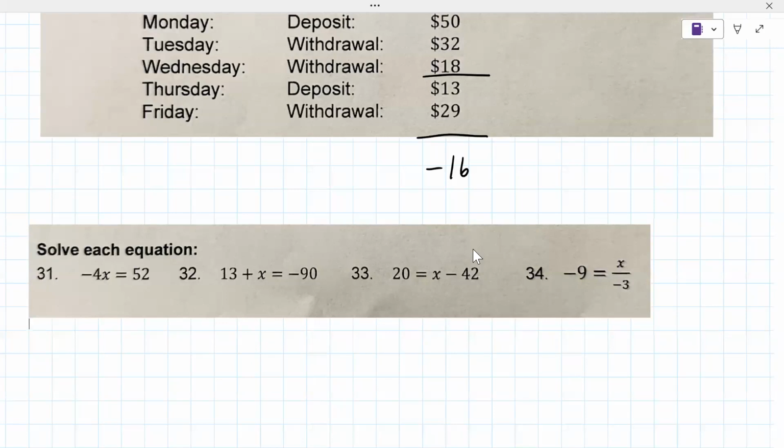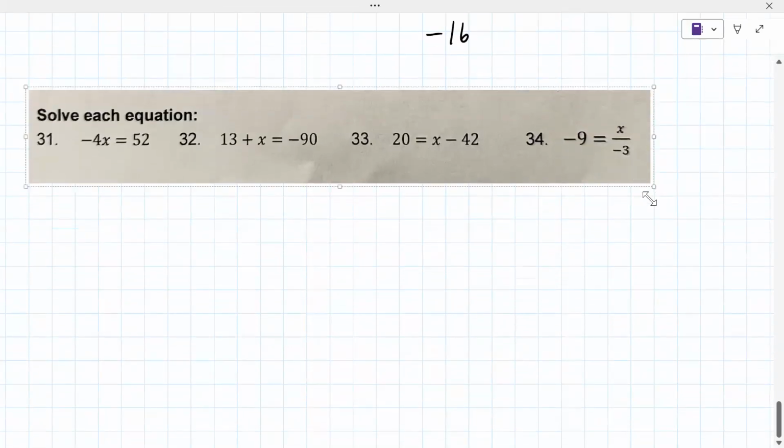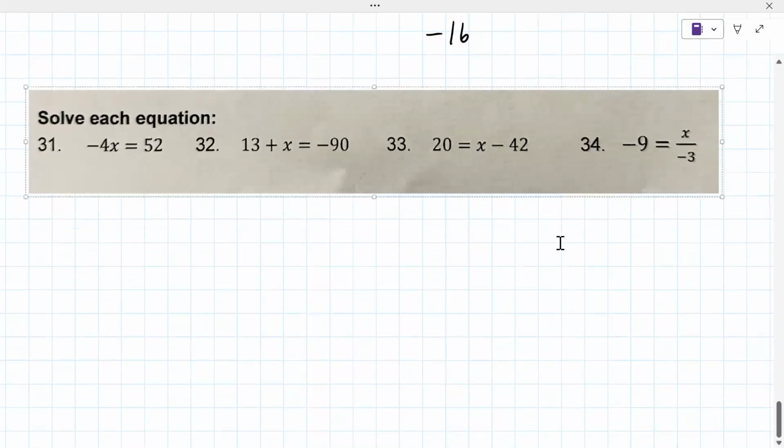So then solve each equation. The same thing we were doing on the other side, I guess. So that's multiplication, that'll be divided by 4, 9, 4. x equals negative 13.